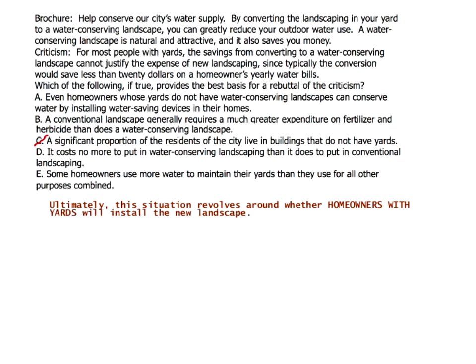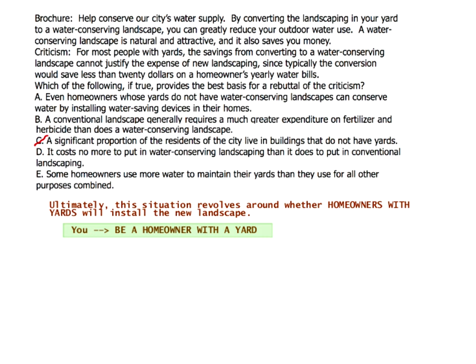So you need to be a homeowner with a yard. Okay, that's you. Let's read this passage again as you're a homeowner with a yard.